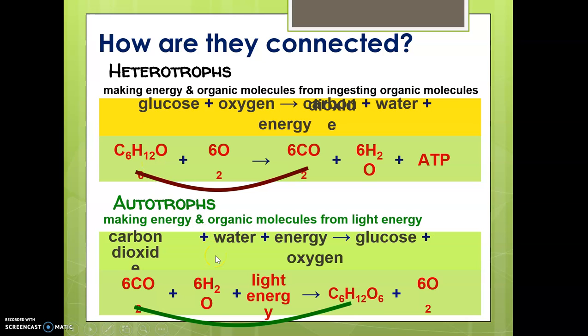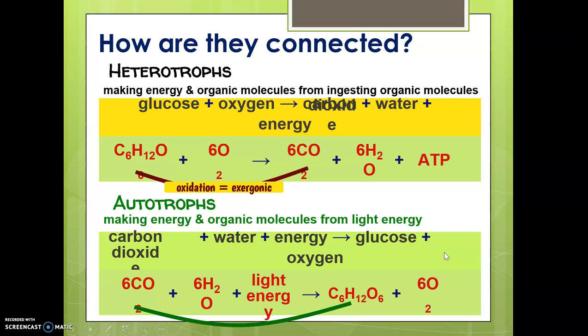Now for autotrophs, we breathe out carbon dioxide and plants breathe it in. When plants breathe in carbon dioxide, they breathe out and get rid of oxygen as waste. So that's why Ms. Taylor has constantly said that we as humans really suck. We need to not get rid of all the plants, because they give us this little thing called oxygen that we really do need.